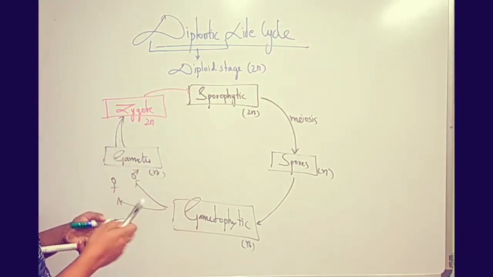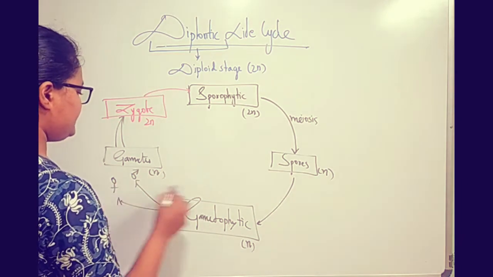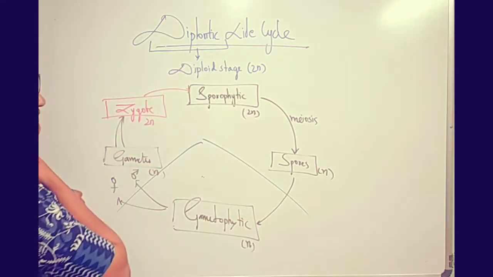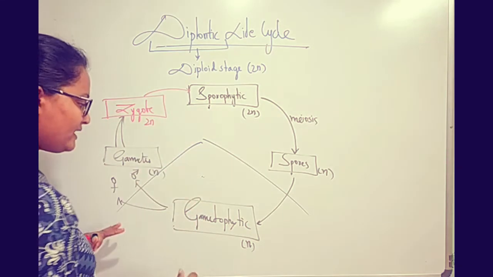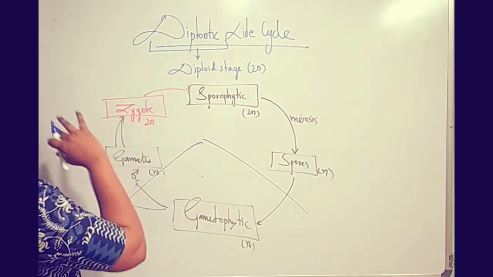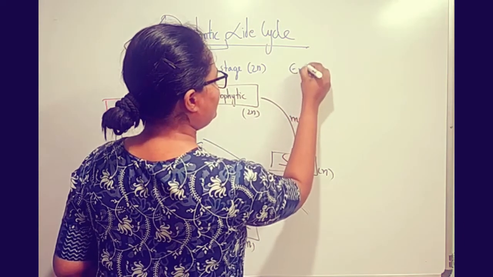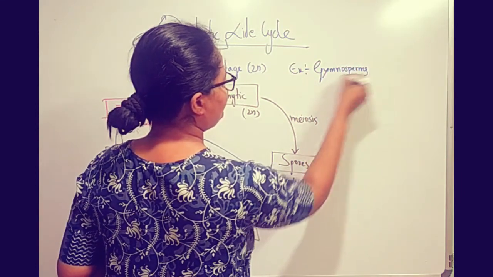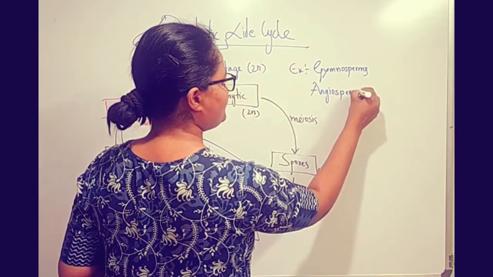So in this generation what happens? Our gametophytic generation is very short-lived compared to sporophytic. Understood? The sporophytic generation is independent. For example, our gymnosperms as well as angiosperms.